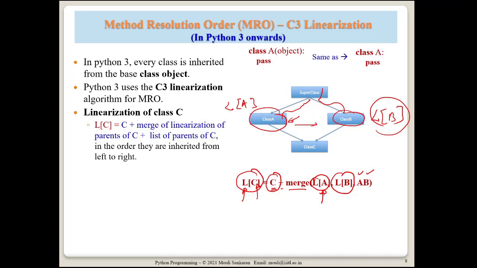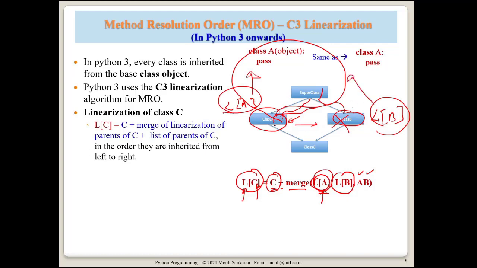So these are all elements. One element is the list of the linearization of A, which is going to have all its parents. It is not going to have the class A itself, because B is also at the same level. So LA will have all the superclasses, all the parents. Similarly, LB will have all the superclasses.